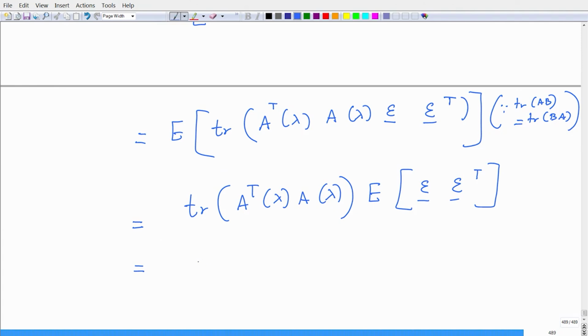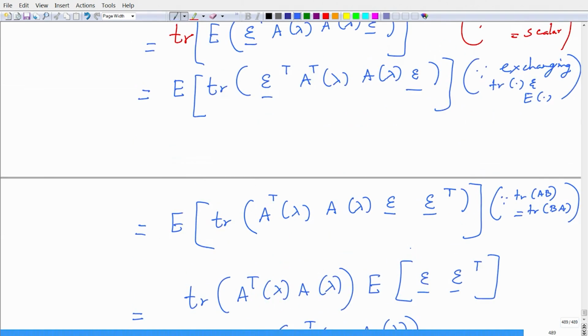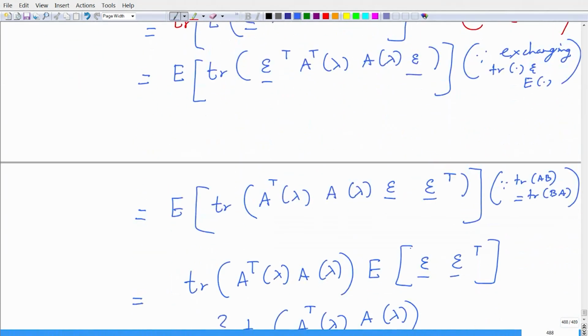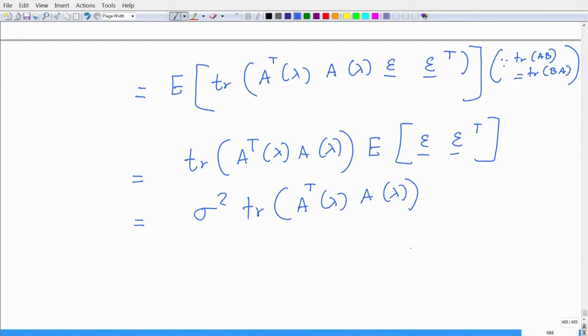So, it is sigma square times trace of A lambda transposed times A lambda. This is sigma square identity. So, this quantity is basically sigma square here. So, I get this sigma square trace of this quantity here.